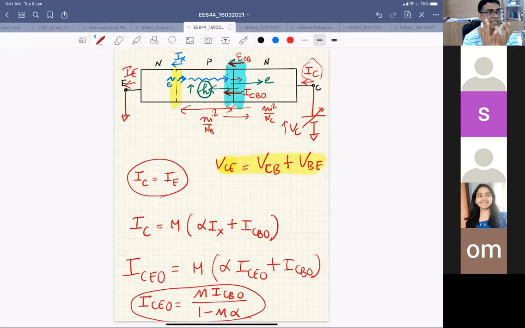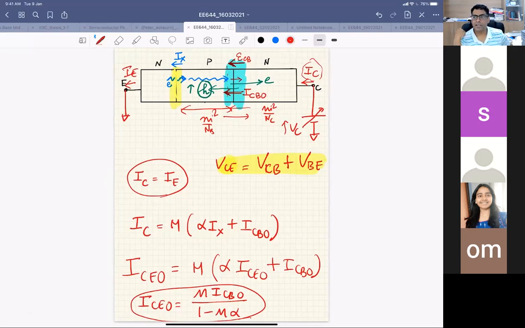But if the base width is less, or base area is less, that means your potential will increase faster. That means your breakdown will happen faster, at a lower voltage, right? So this relates to this equation. See, this equation is just a model, right? But you have to understand how the breakdown happens inside the device, right?